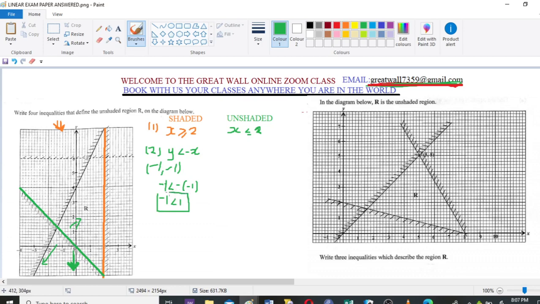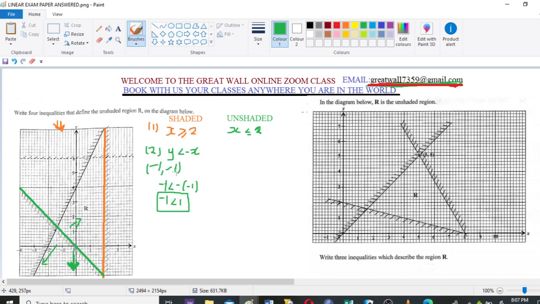So any value of y that we pick will be less than the negative of any value of x that we pick. We had picked x to be negative 1, so the negative of that gave us positive 1, which is greater than the value of y that we picked, which was negative 1.